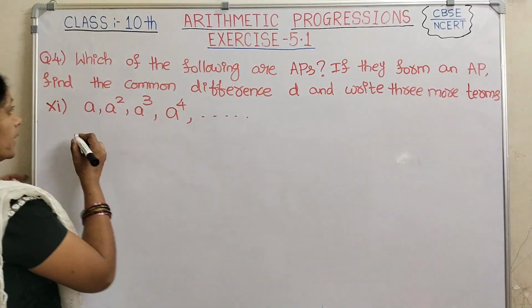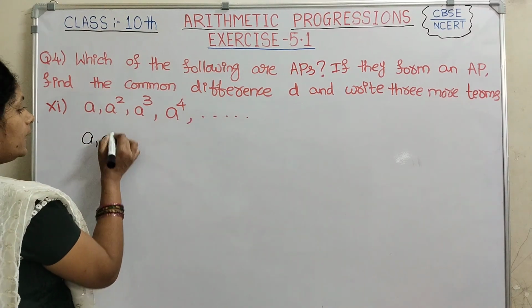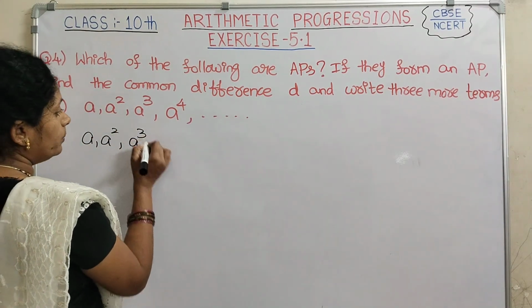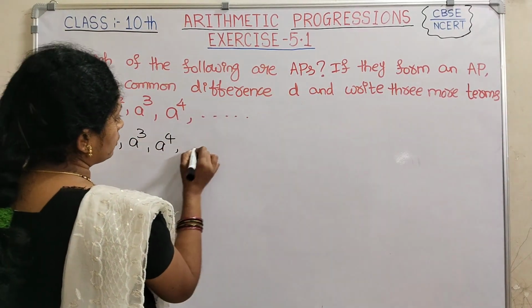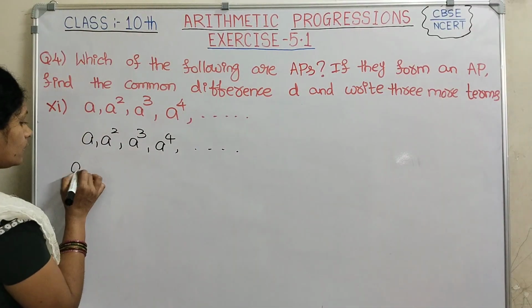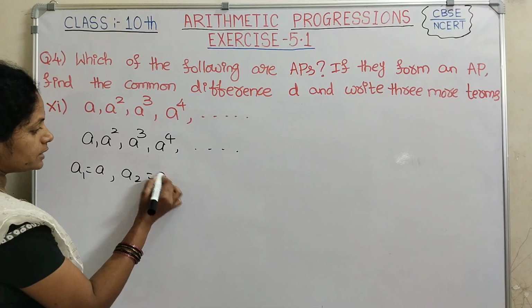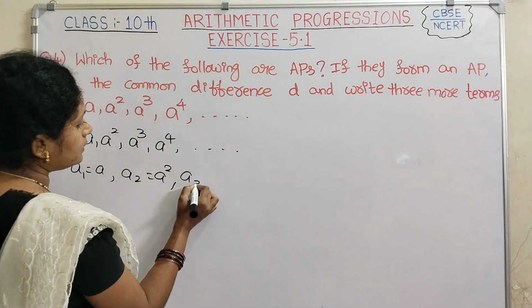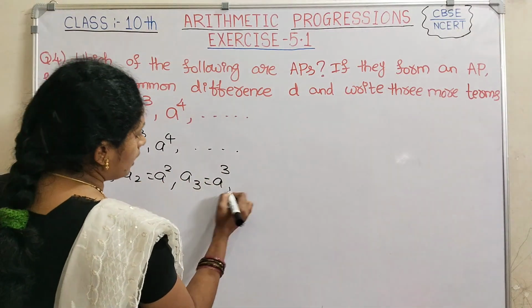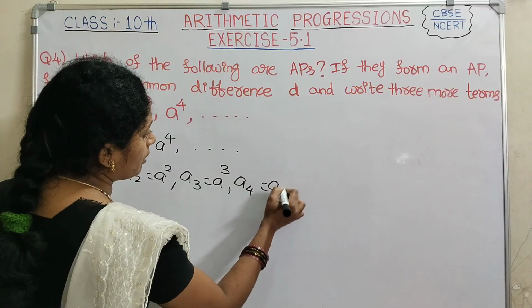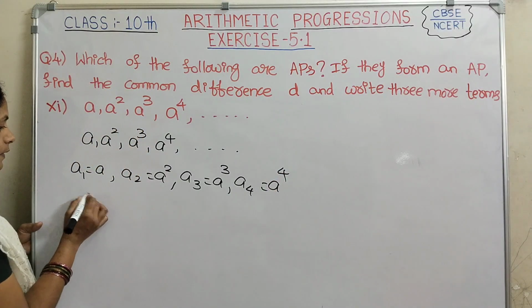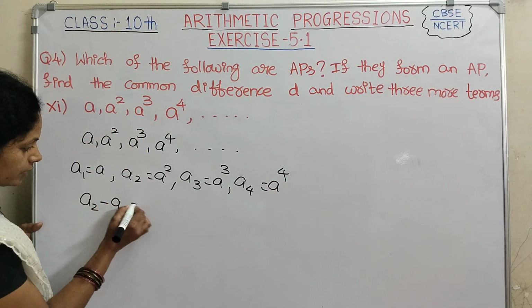Eleventh one, A, A square, A cube, A to the power of 4. A1 is equal to A, A2 is A square, A3 is A cube and A4 is A to the power of 4. A2 minus A1.